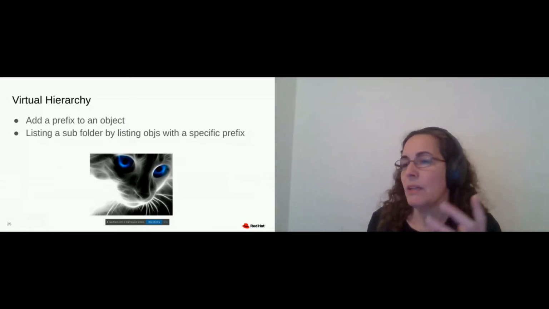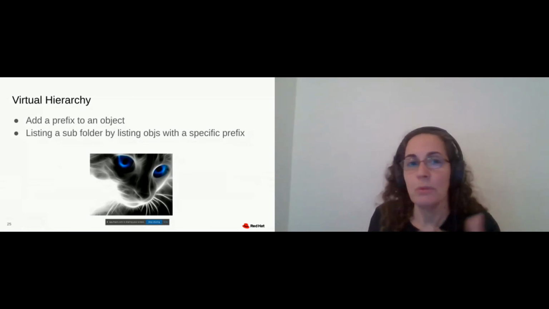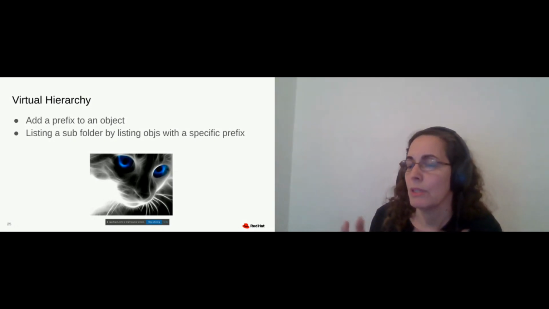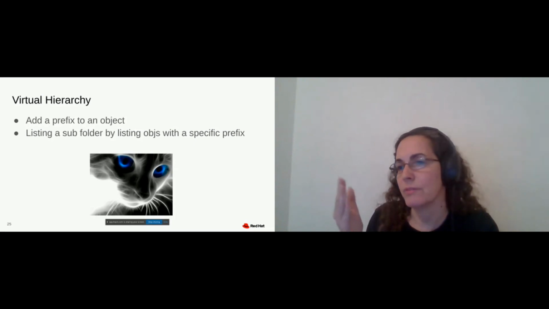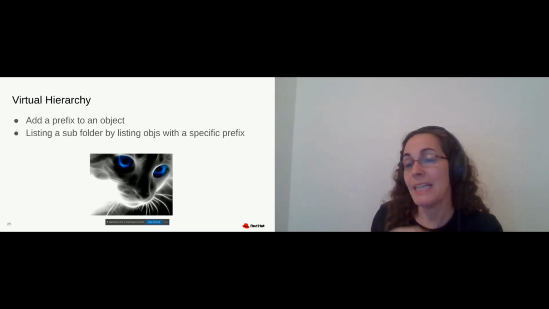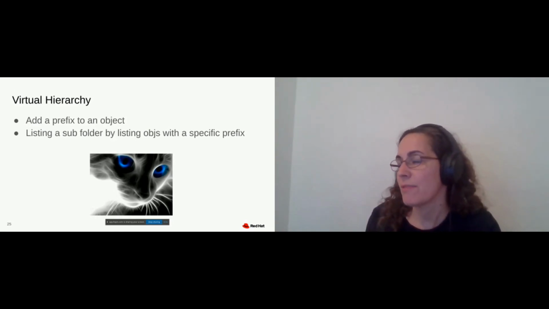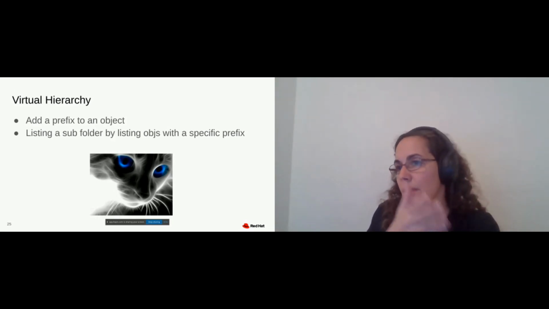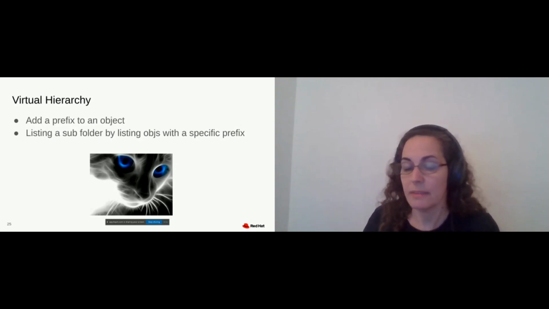So for example, objects that are in folder 1 will have the prefix /folder1. Objects in folder 2 will have the prefix /folder1/folder2, and so on. And when we do a listing of a bucket with a prefix, you'll get only the objects that have this prefix. So if I want to see only the objects in folder 2, I will give that prefix to the listing and get them.